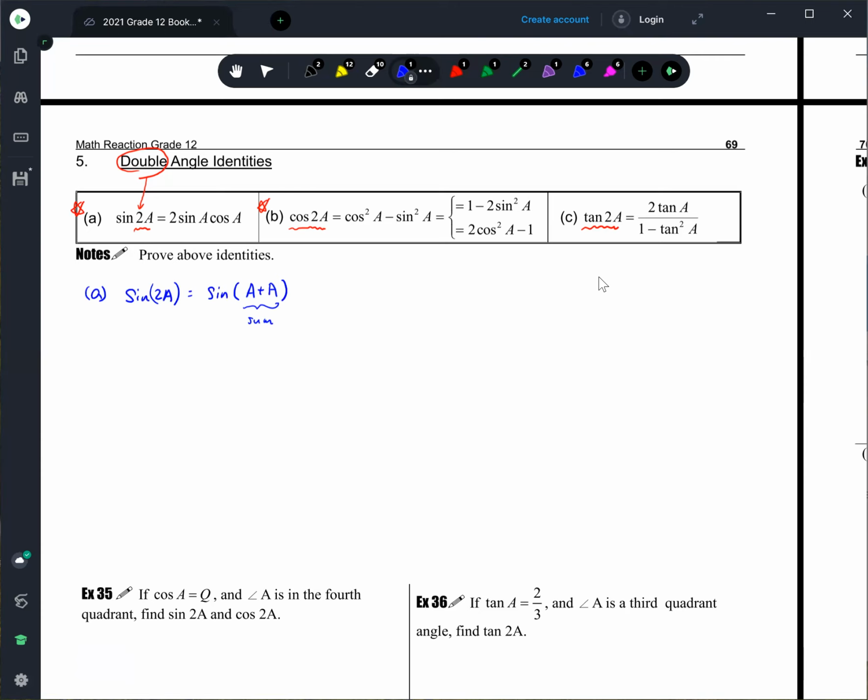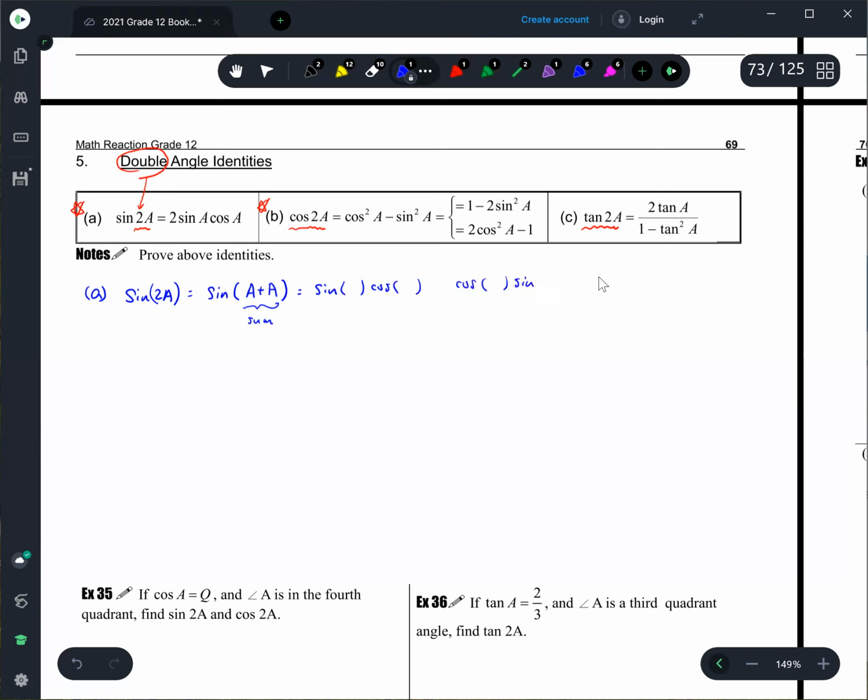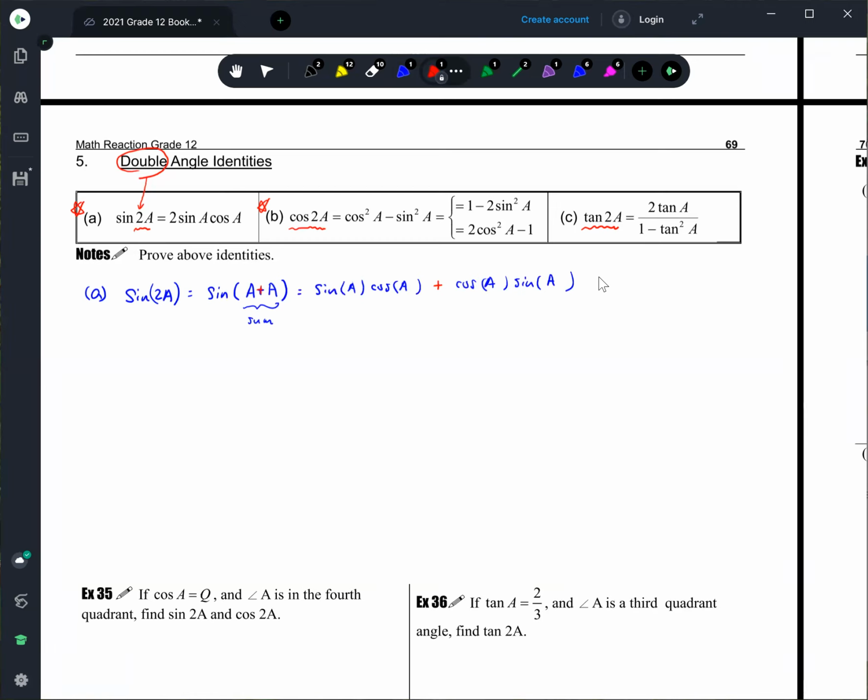Sine of A plus A is sine cosine plus cosine sine, and both angles are A, so I just fill in A and A. Because it's a sum, the middle does not change. Everyone follow so far? Double means A plus A, and then I apply the sine sum formula.